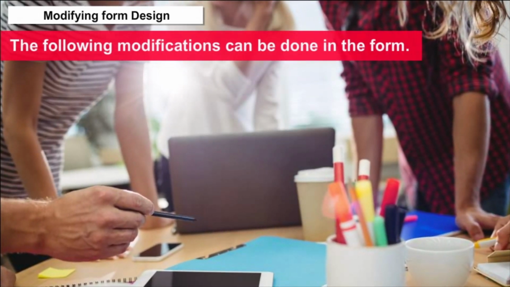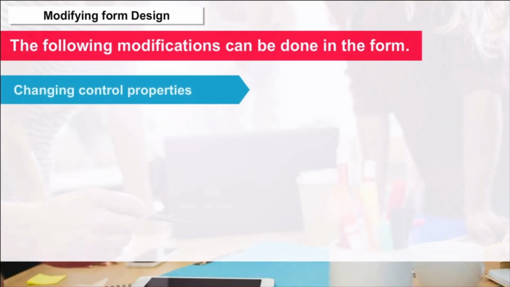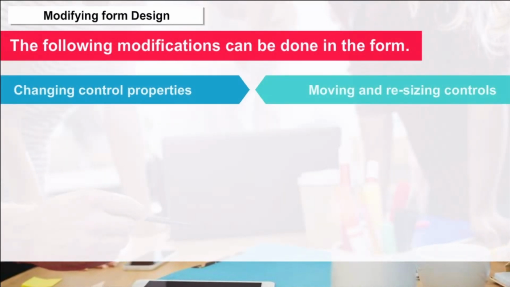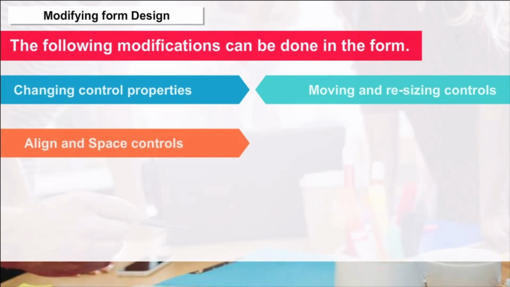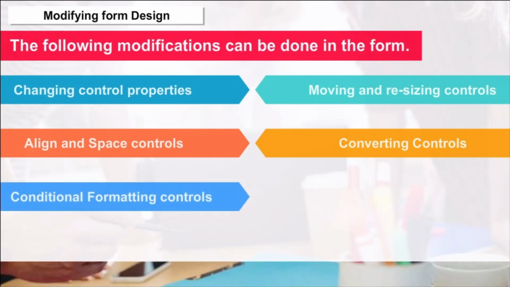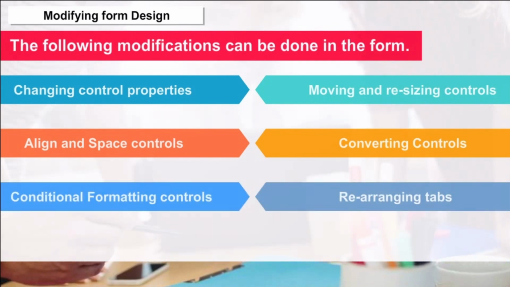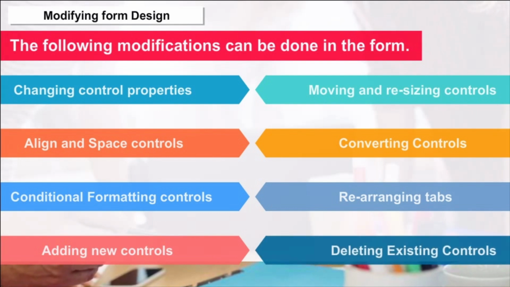Modifying form design. The following modifications can be done in the form. Changing control properties, moving and resizing controls, align and space controls, converting controls, conditional formatting controls, rearranging tabs, adding new controls, deleting existing controls.